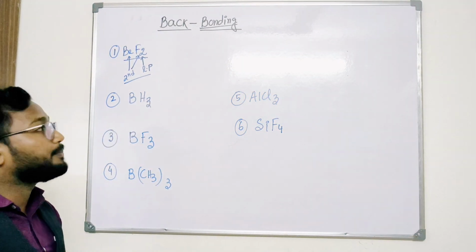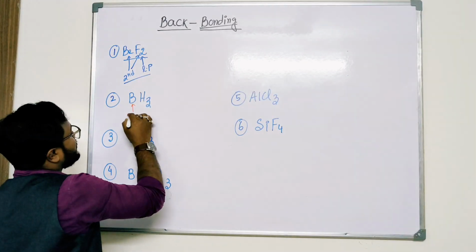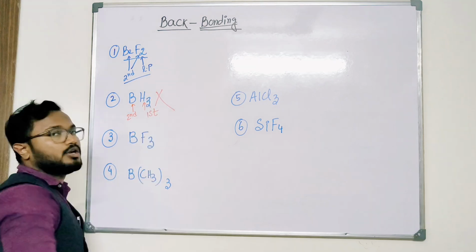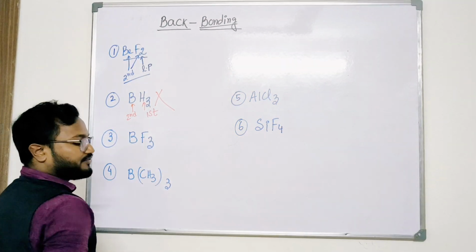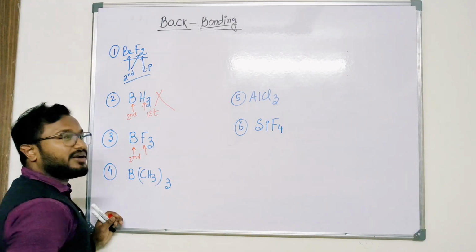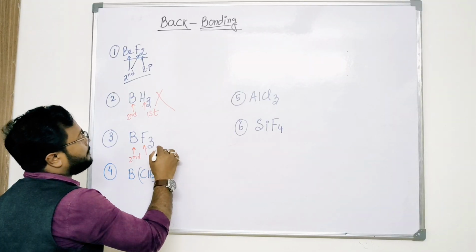In case of BH3, B is second period and hydrogen is a first period element. There is no chance of back bonding. In the next case, BF3, B is second period and fluorine is a second period element.